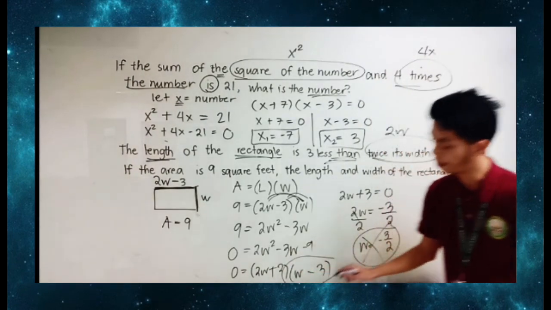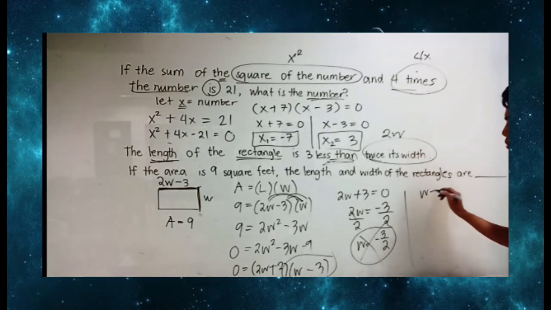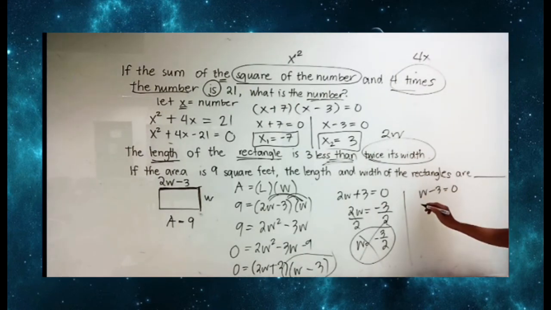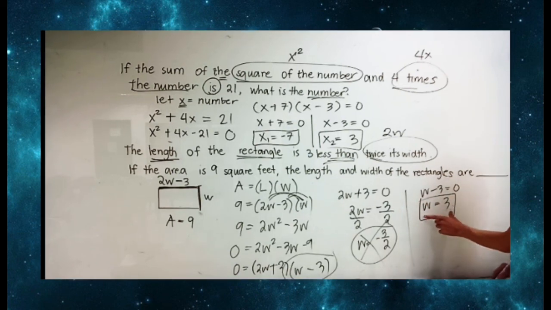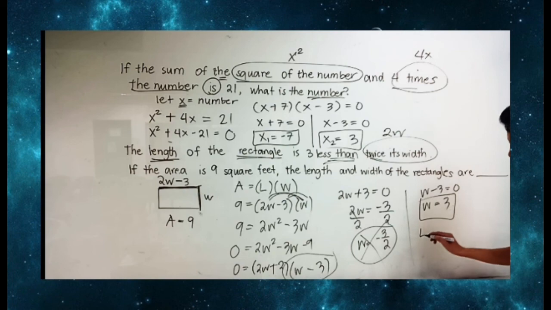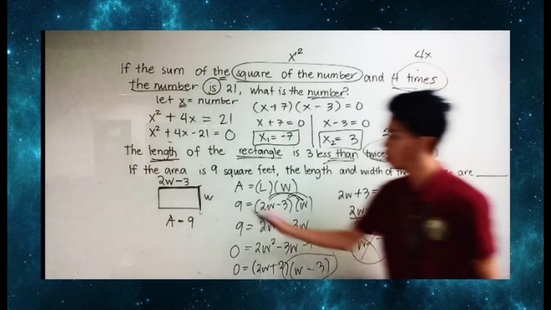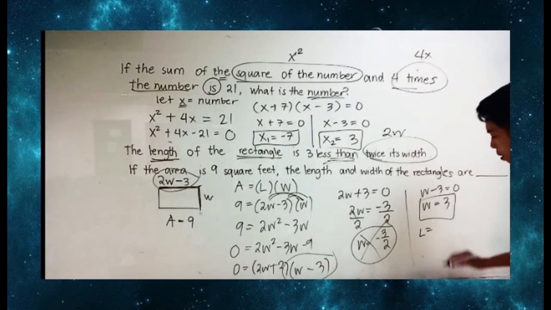Let's try this one. You have W minus 3 is equal to 0. So, W is equal to 3. So, ang width natin ay 3. Now, paano natin malalaman yung length? Di ba ang length is equal to 2W minus 3?